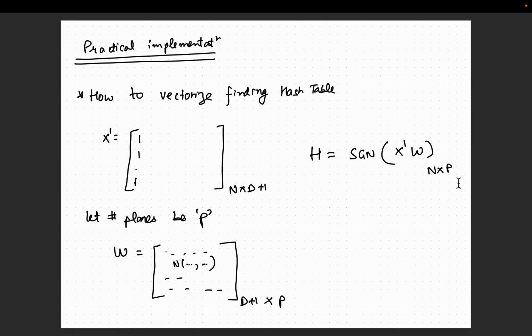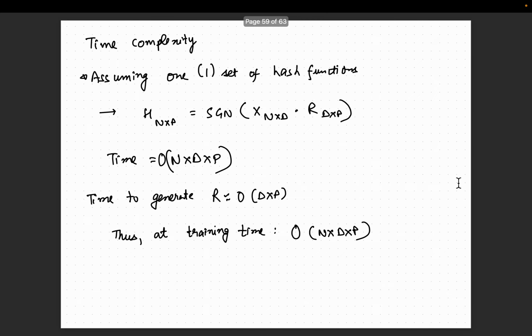Okay, what is the time required for creating this H matrix? For now, just assume that there is one set of hash functions. We'll come on to why we might need more sets of hash functions. We require p hyperplanes.